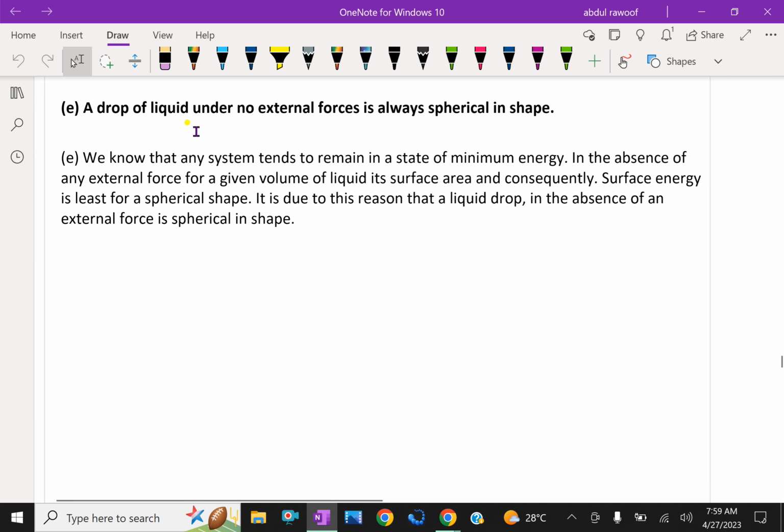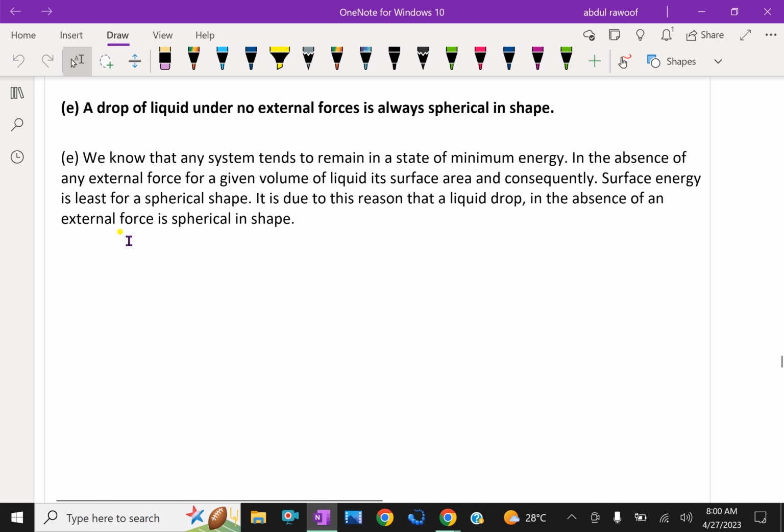A drop of liquid under no external force is always spherical in shape. You know, when you drop water very slowly, it acts as drops of spherical shape. We know that any system tends to remain in a state of minimum energy.